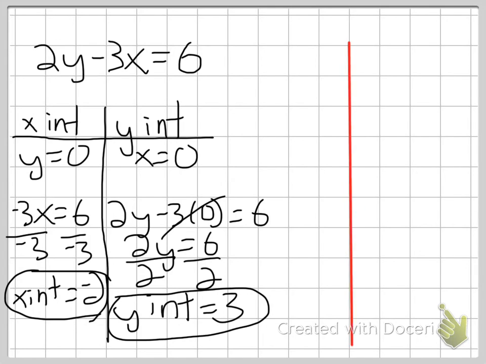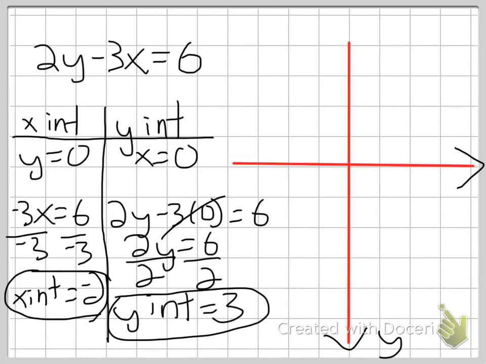So we have our two axes here. Let's make it x, y. So our x-intercept is negative 2. That's going to be right here. Y-intercept is 3. That's going to go right here. Now let's connect the line and we're done. Let's use purple. We're done. It's going to be like that. Okay?